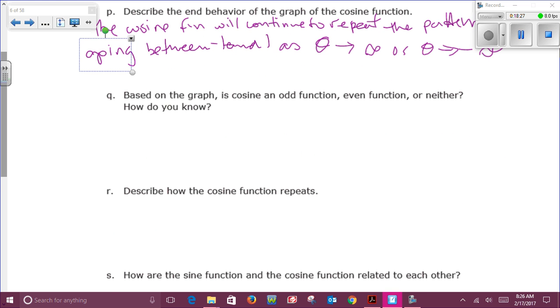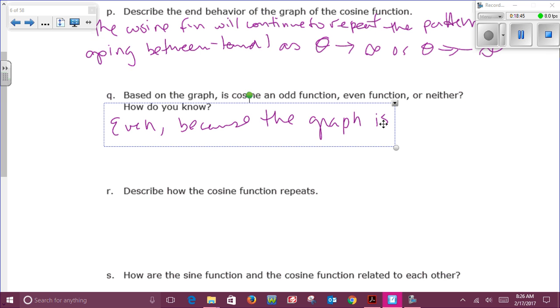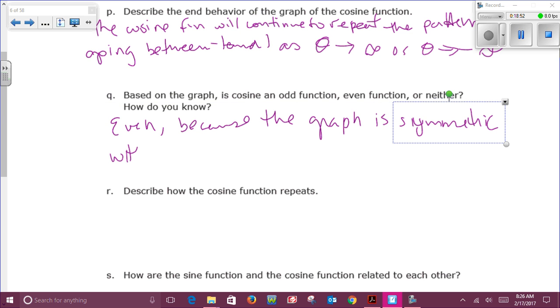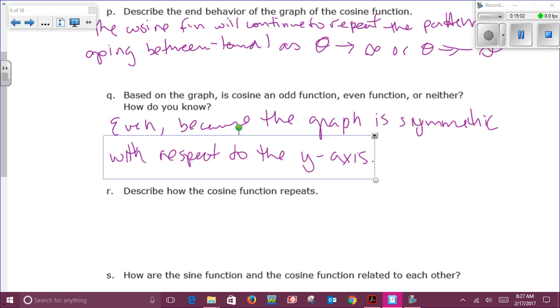Based on the graph is cosine an odd function, even function, or neither function? And how do you know? Well, cosine is even because the graph is symmetric with respect to the y-axis, meaning if I fold it on the y-axis, it would be a mirror image.